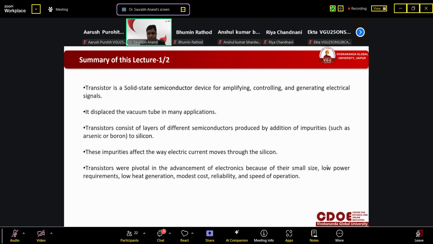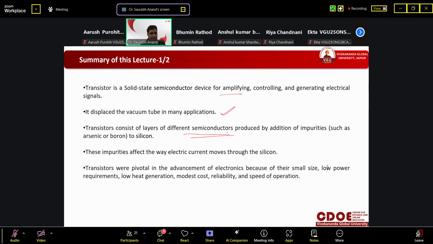So in this session we have understood what a transistor is and what the use of a transistor is. Which component did we replace? We replaced vacuum tubes. Vacuum tubes were used in earlier years, and now we have the transistor. How many layers are there in a transistor?